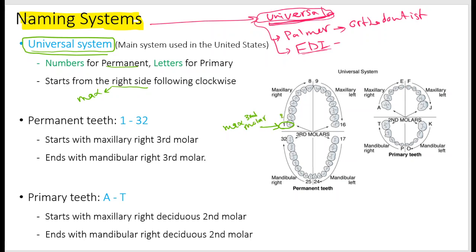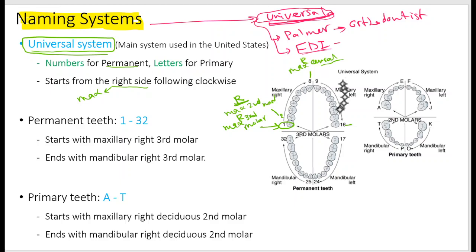And then we have number 2, which will be the maxillary second molar, and so on and so forth. We go until here, the maxillary central incisor, and then we move on all the way to 16.